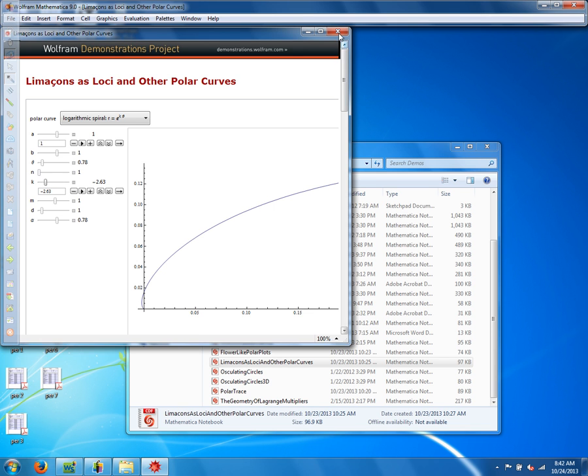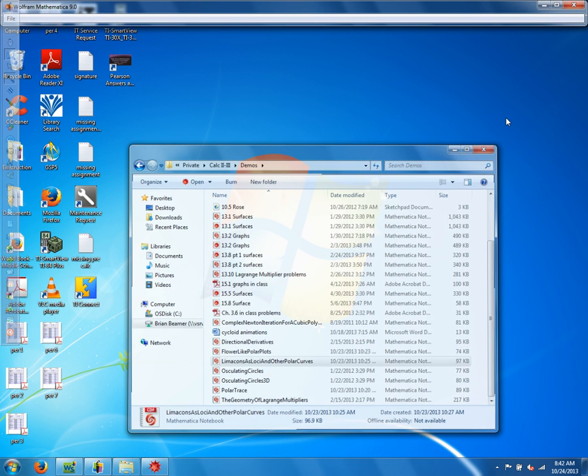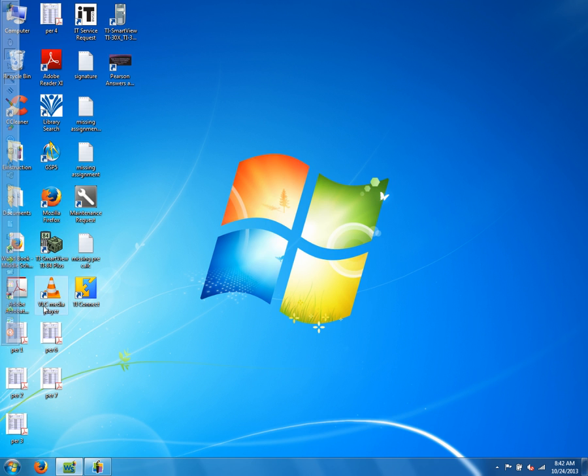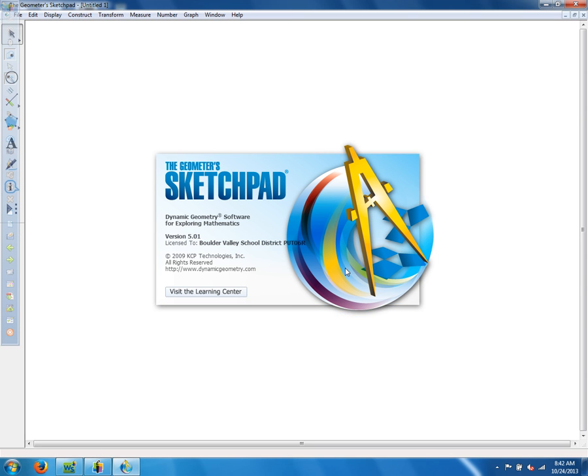And I wanted to show you a couple of things that I couldn't find demonstrations for. I have a couple that I can do just manually in Geometer's Sketchpad. So let me find that. There we go. So let's do the spiral first because the spiral is really cool.